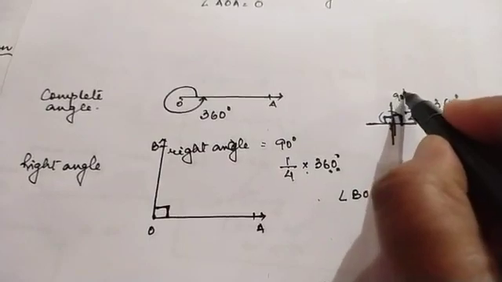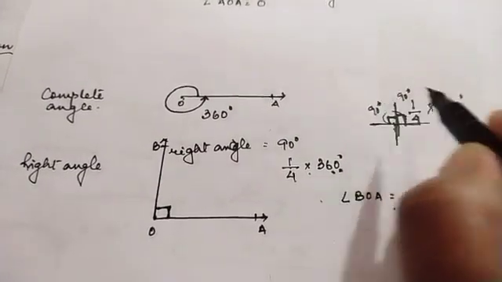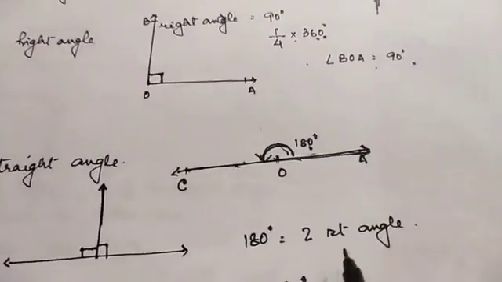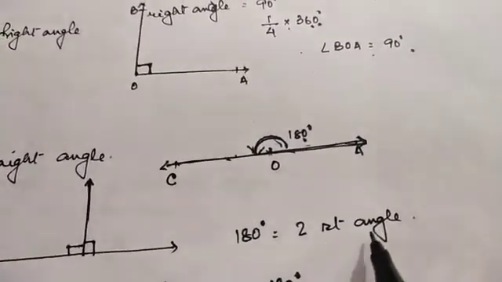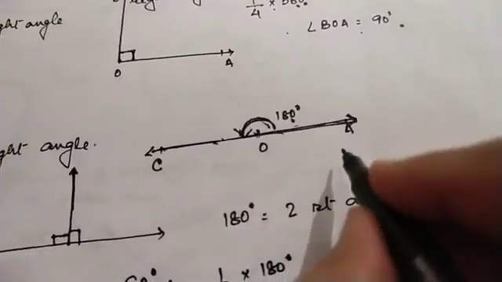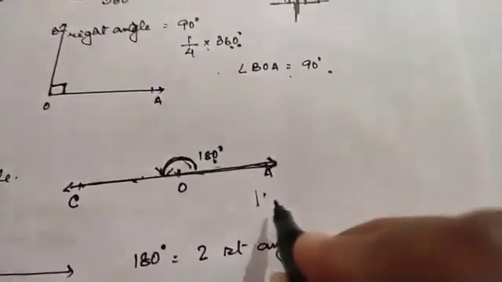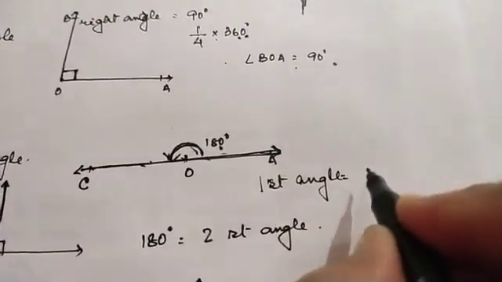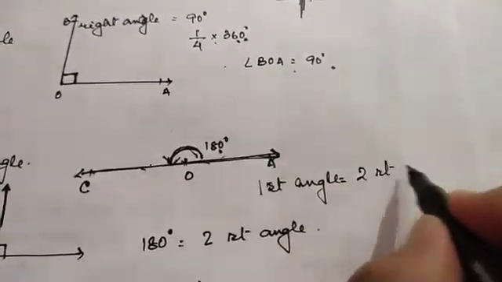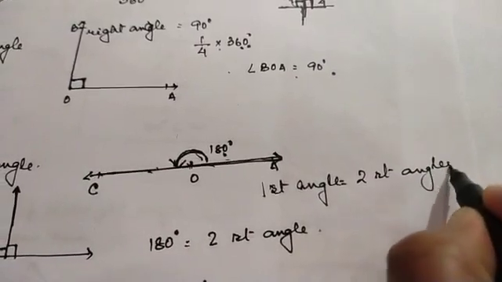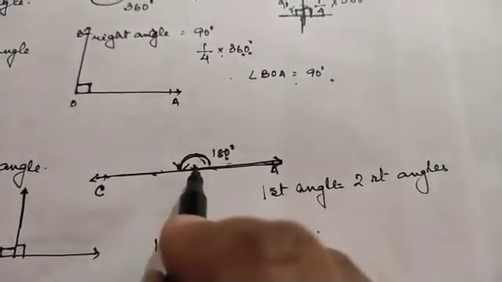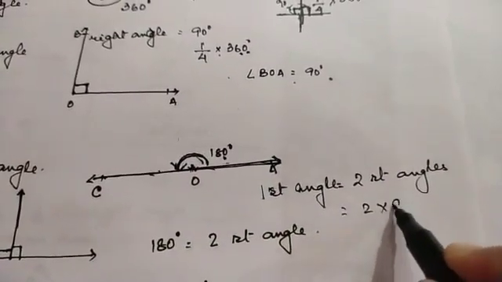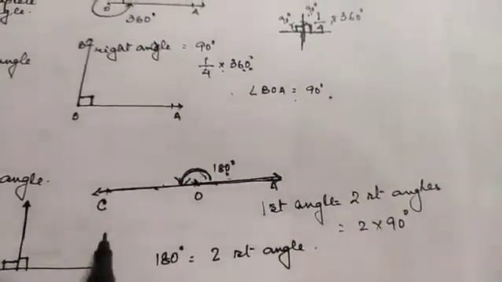This is 90 degree over here and this angle is 90 degree. So how many right angles make one straight angle? 180 degree is equal to 2 right angles. That means one straight angle is equal to 2 right angles, that is 2 into 90 degree.